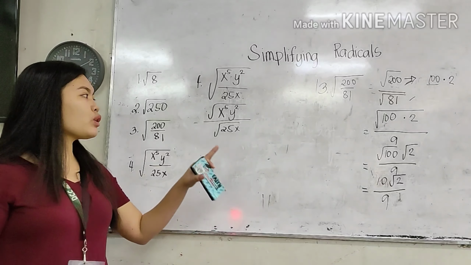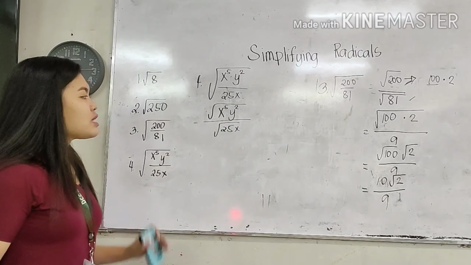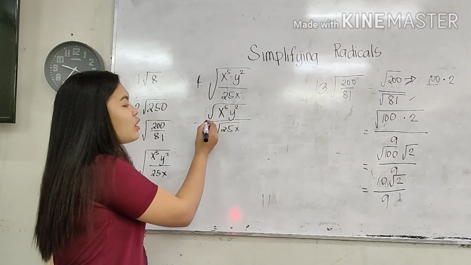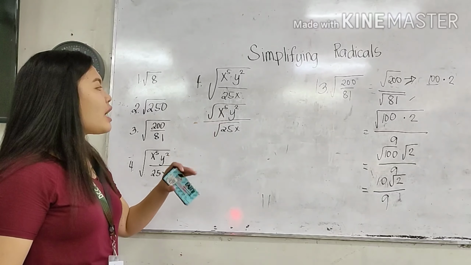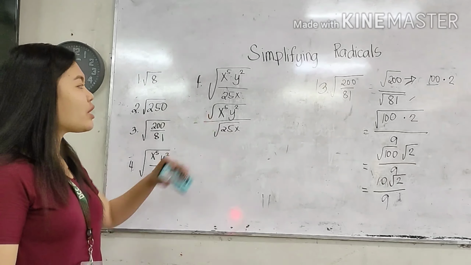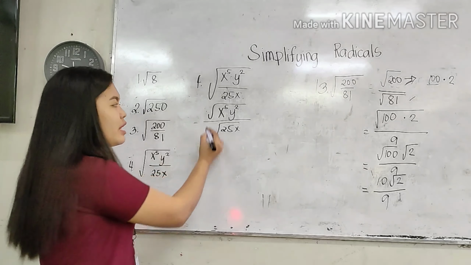First, what we're going to do is to factor the exponents. As you can see, our radical sign has no index written. So it is understood that it has 2 as the index.